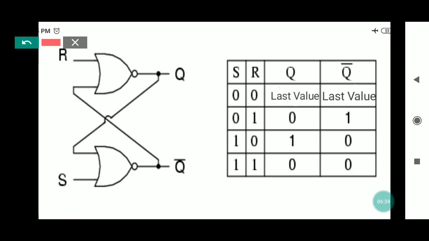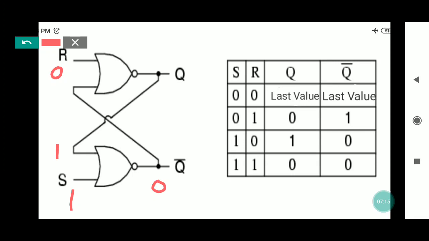Now consider the third case where R is 0 and S is 1. Under this condition, this NOR gate will give 0, definitely 0, whatever the value of the second input of this NOR gate, either 0 or 1.